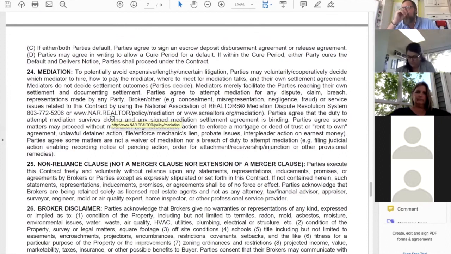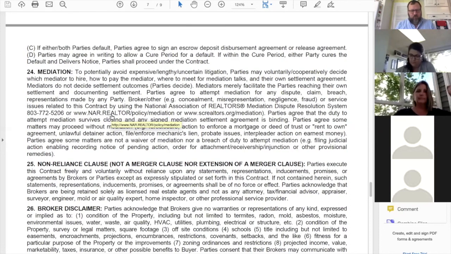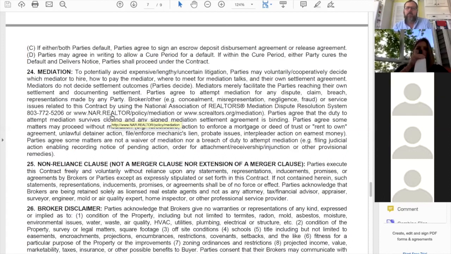I'll be honest, with most of the brokerages locally, particularly the larger ones, well, I shouldn't say all the larger ones, but some of them, most of the brokers work well enough where if they haven't worked it out, there's really probably not a purpose to go to mediation. The times where I see we really push to do that would be brokers that just vehemently disagree with my stance or vice versa, and have zero interest in coming to any sort of meeting of the minds. But it's not a requirement that they automatically go to mediation.